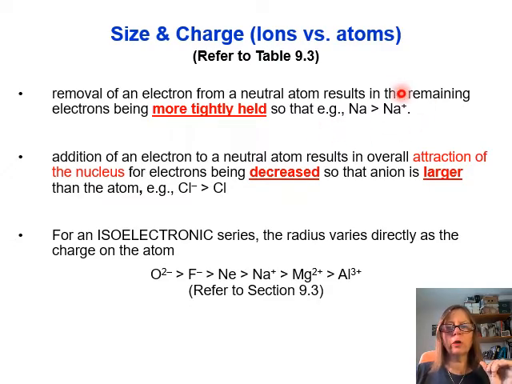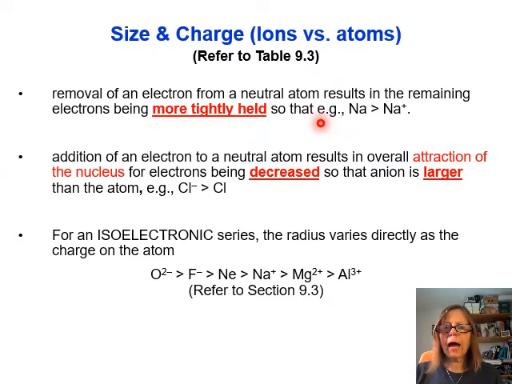So Na+ here is smaller than sodium. This is because the electrons are now held more tightly by the nucleus. In contrast, addition of an electron results in a larger anion than the parent element. So chloride here is larger than chlorine because the electrons are not held as tightly.